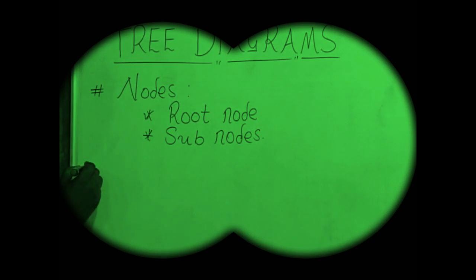The other feature about tree diagrams is the feature of branches. You are going to have branches coming from the nodes, which will either be the root node or the sub nodes. The number of branches coming from a particular node will be equal to the total number of different possible outcomes.